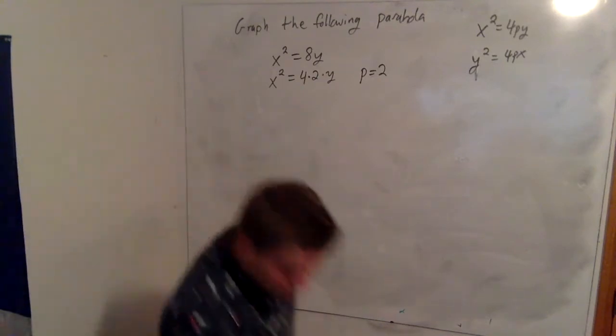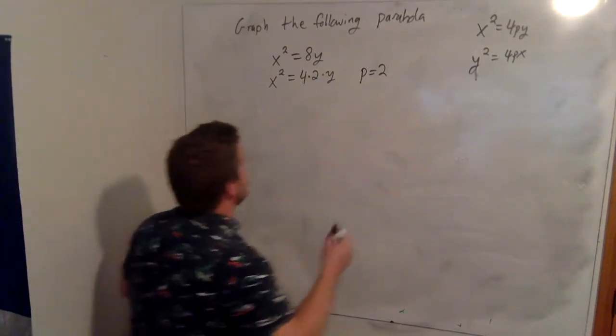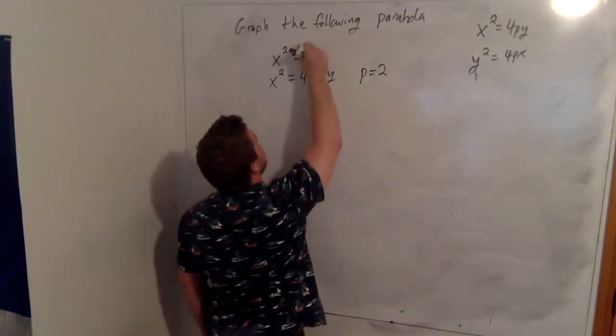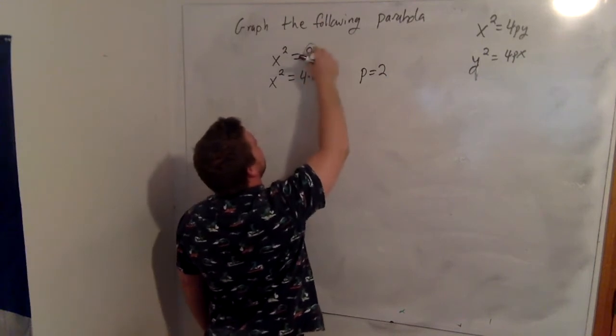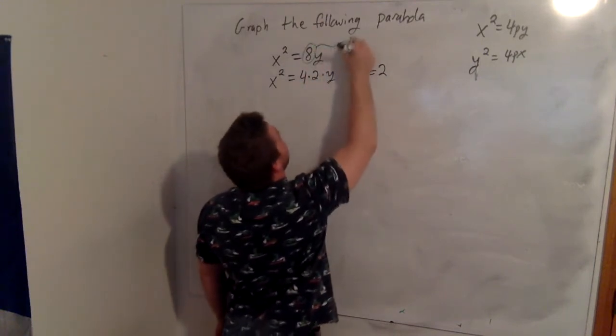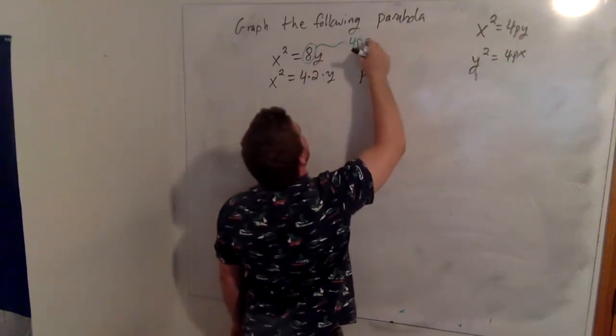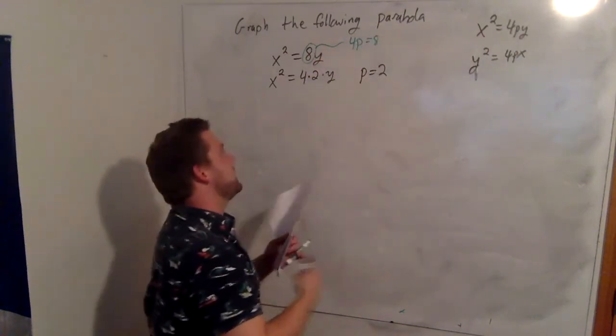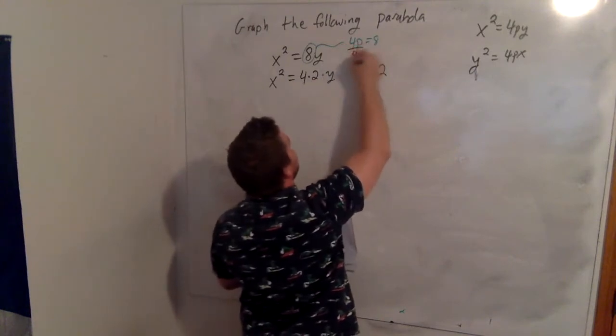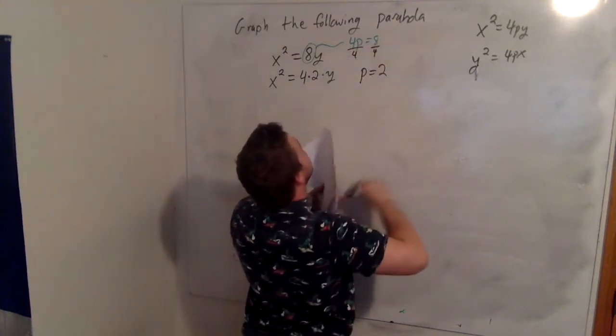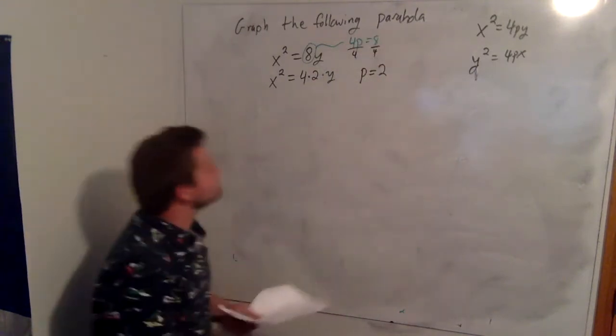If you didn't like factoring that 4 out of the 8, you can always take the coefficient in front of the y. Matching the pieces, 4p must be the same thing as 8. You could divide both sides by 4 to get that p must be 2.